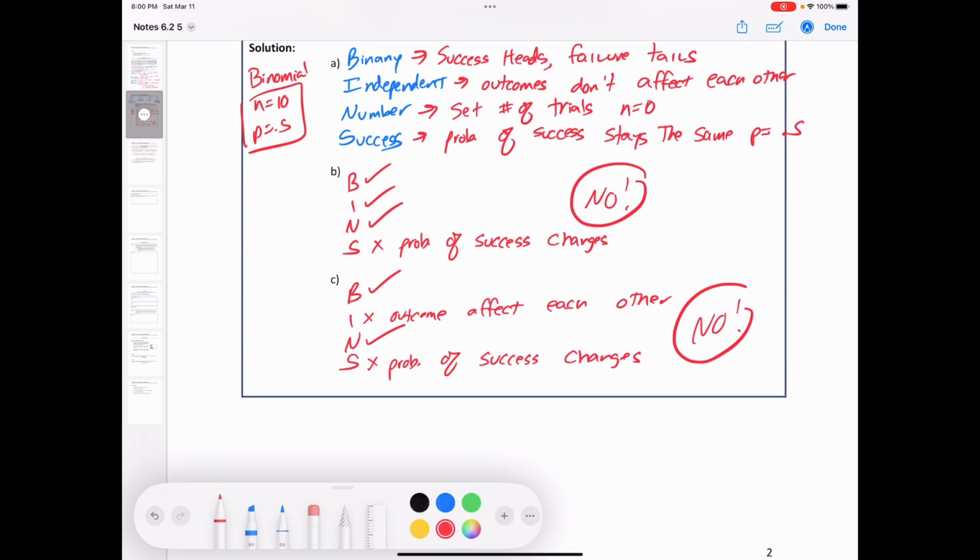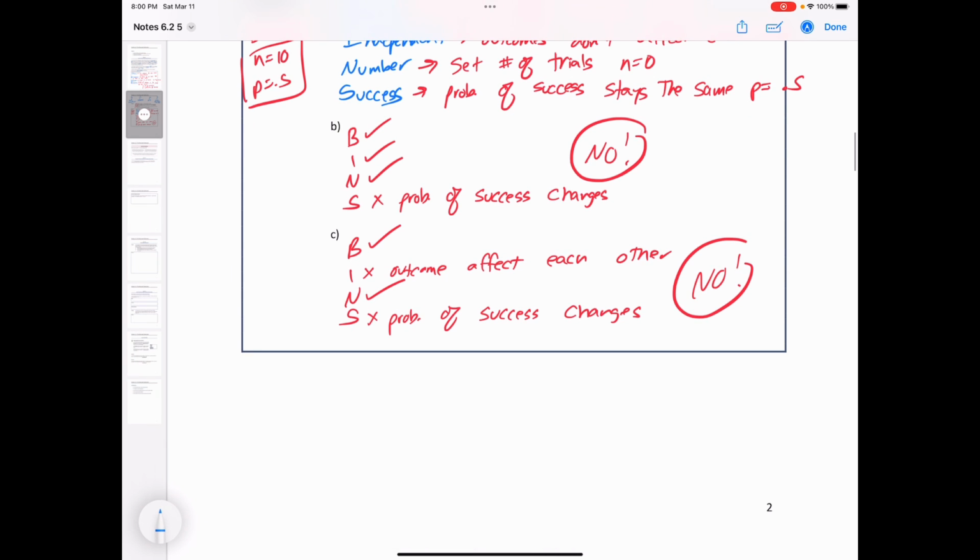And I want to tell you something that your book goes into right now. Most of the time when we sample, we sample without replacement. Like if I'm going to take a sample of 50 female students and measure them, I sample without replacement. Here's the rule of thumb.